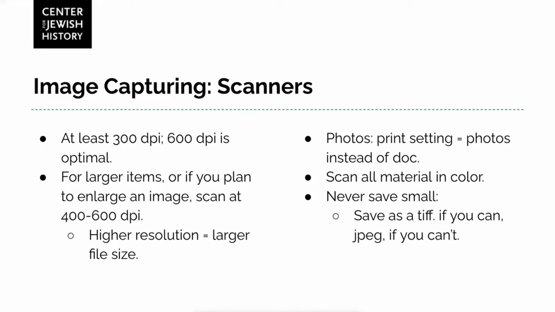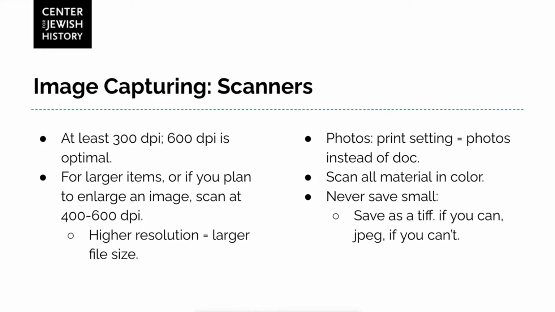Although larger files are optimal from a preservation perspective, they require more storage space and are more difficult to share than smaller files. So on the left column, we have some information about DPI. Resolution is the measure of sharpness or detail of an image. To prevent fuzzy or grainy images, have your scanner set to at least 300 dots per inch or DPI, but 600 is optimal.